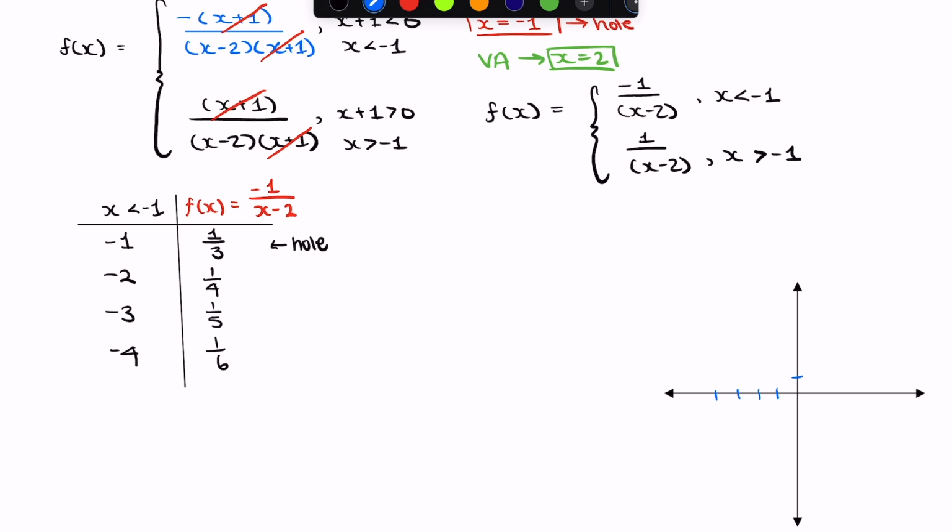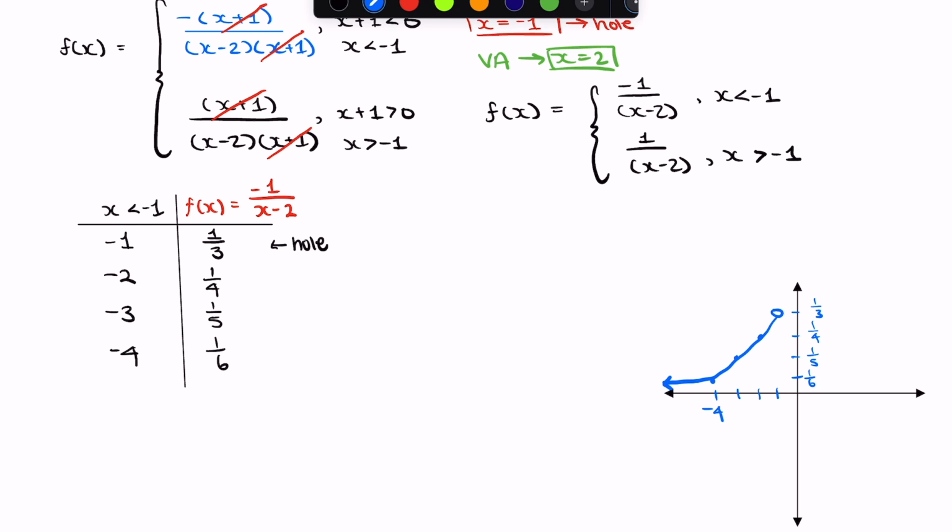And this will be 1 over 6, 1 over 5, 1 over 4, and 1 over 3. And this will go from -1 to -4. And so here we see at -1, there'll be a hole at 1 over 3. And then at -2, it'll be at 1 over 4. -3 will be at 1 over 5. And then it keeps going here, and it continues down. So that's the first part of our graph.